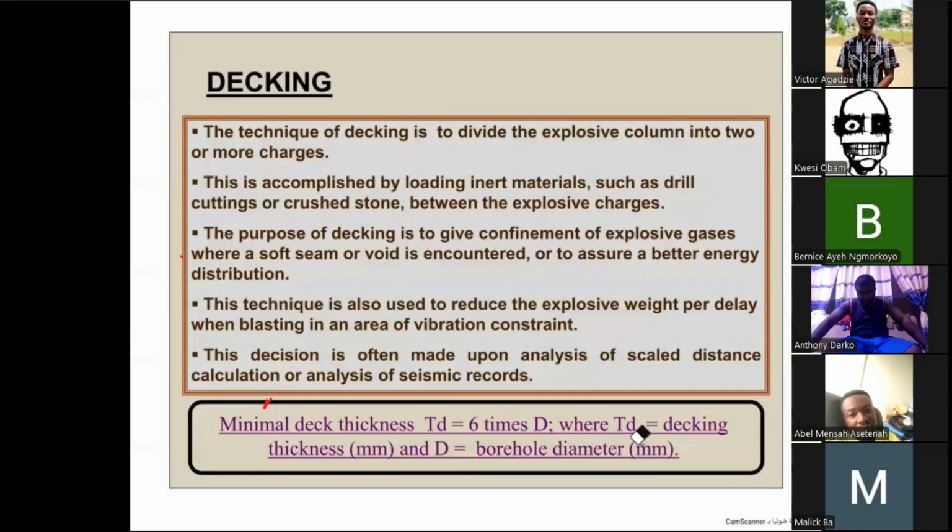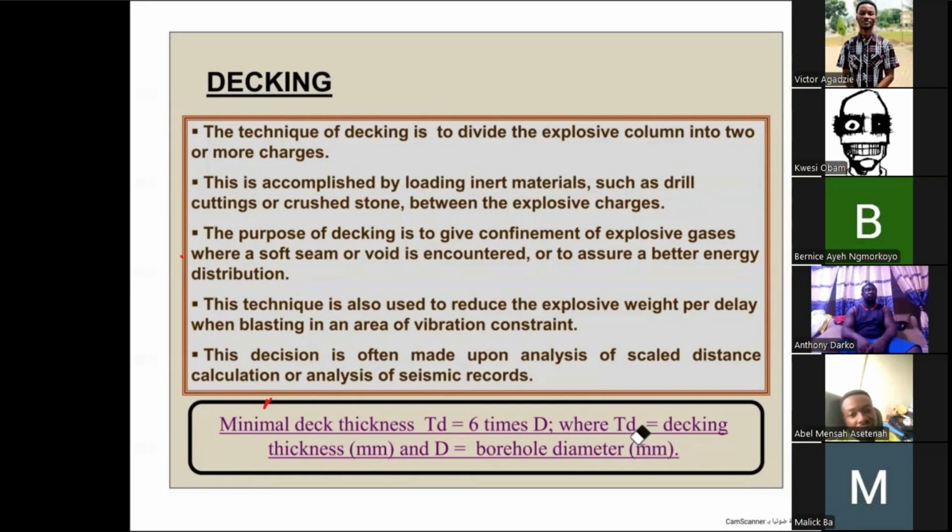Because of the difference in density between the free face and the formation, the waves bounce back. When they are bouncing back, they come back as a tensile wave, not compressive. That difference in waves, the tensile and the compressive, will cause the cracks in the rock.